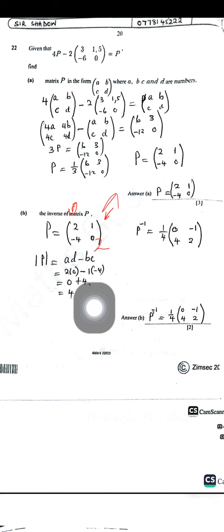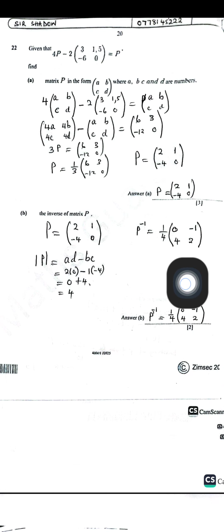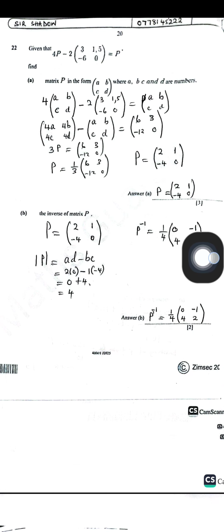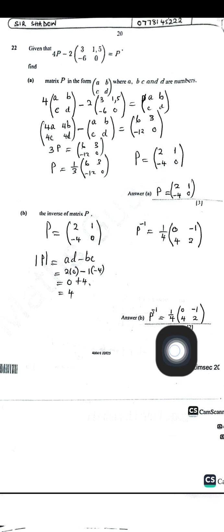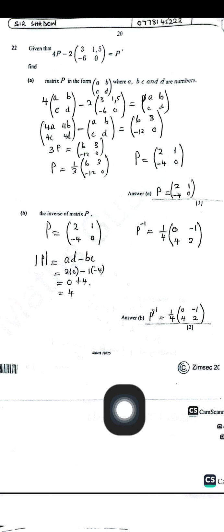Since this one is negative, it will become positive. This one is positive, but it becomes negative. So in other words, this becomes the inverse: 1 over 4 open matrix, 0, minus 1, 4, 2. So the solution becomes inverse of P equals 1 over 4 open matrix, 0, minus 1, 4, 2.